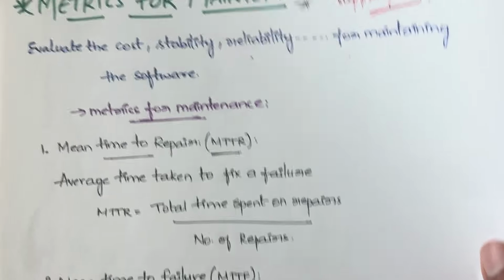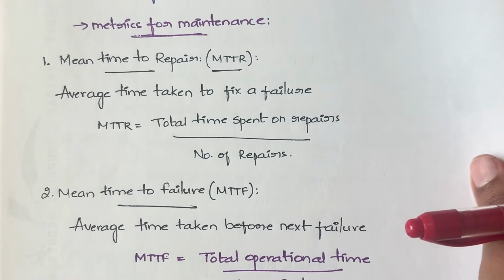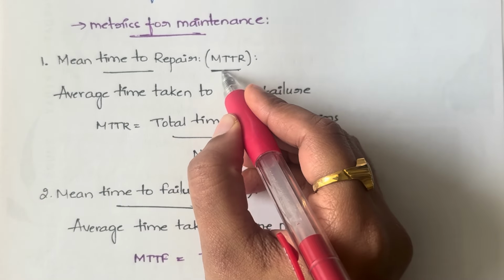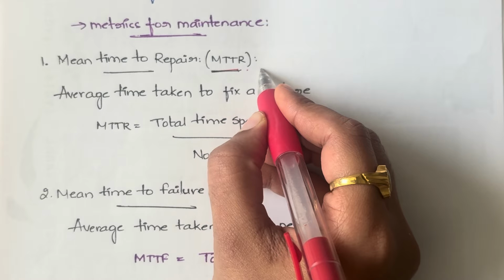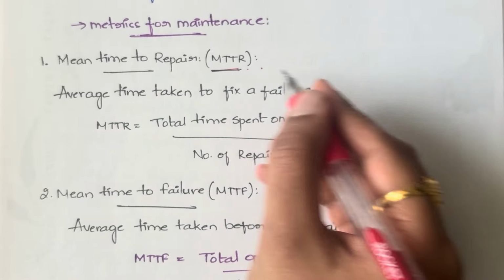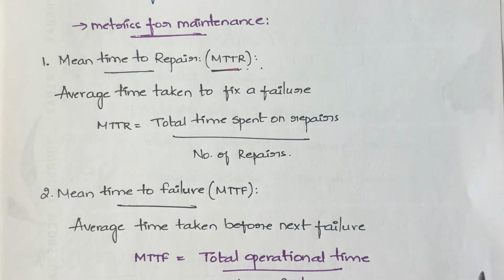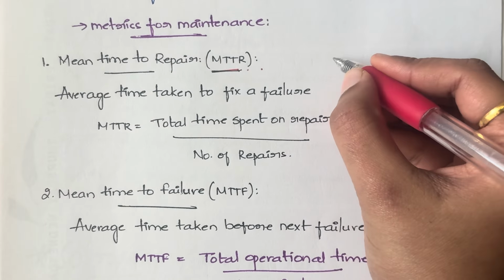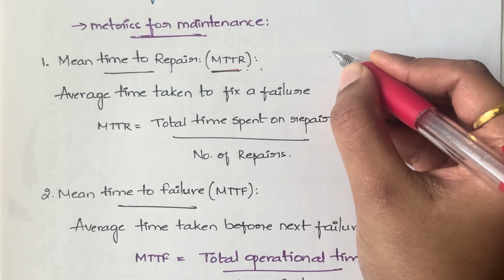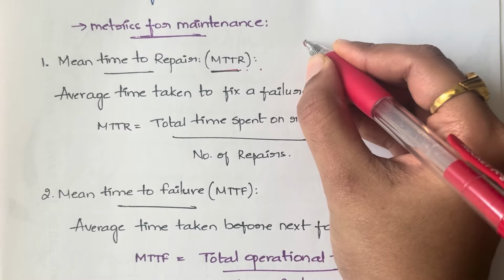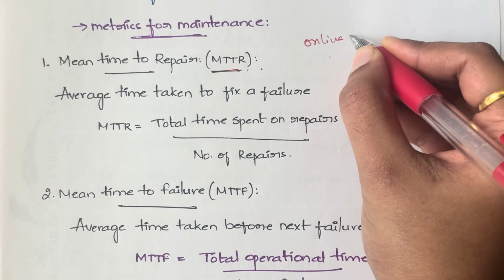Let's see what the metrics are. The first one is mean time to repair, in short called MTTR. Let's say you gave your product to the customers, and then there is a failure: one functionality is not working. Let's go back to our online food ordering system.